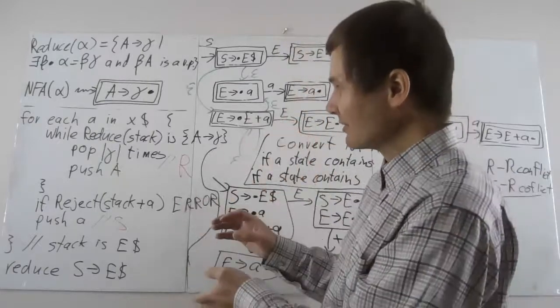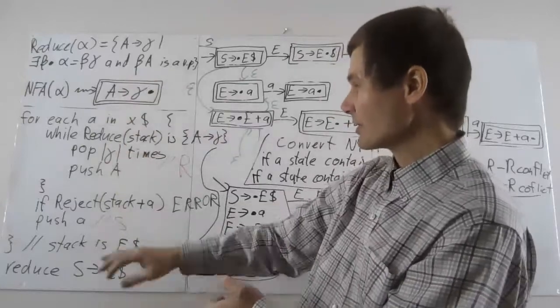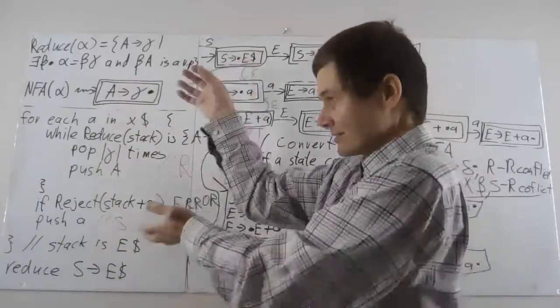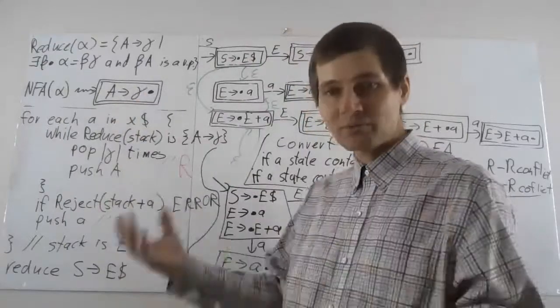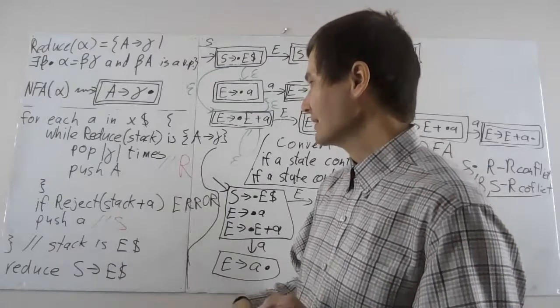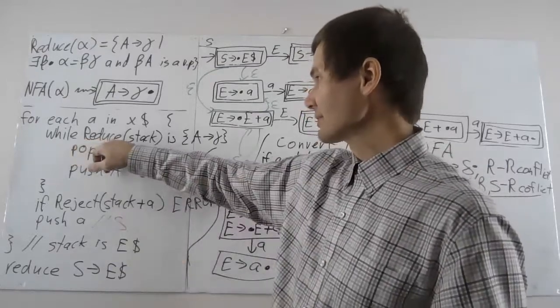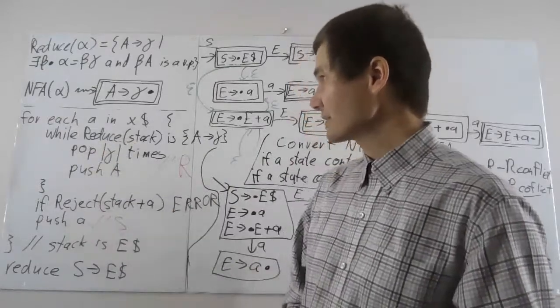The other thing that you do need to implement is this part, the actual parser. I'm not giving you that. You implement it in whatever programming language you are using, and it needs to answer this reduce question and this reject question.